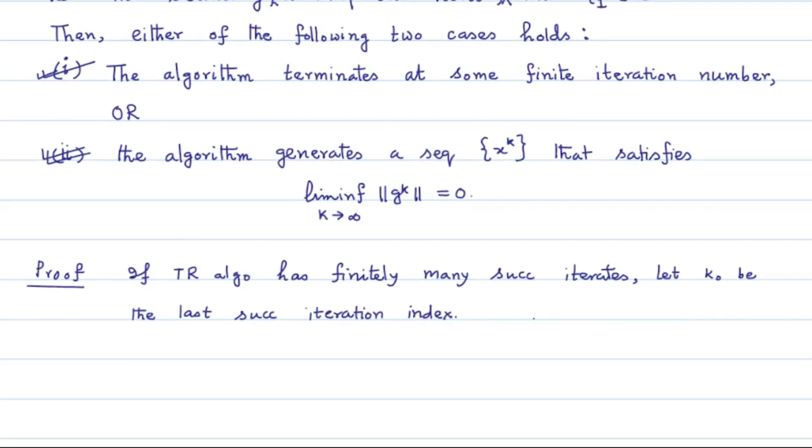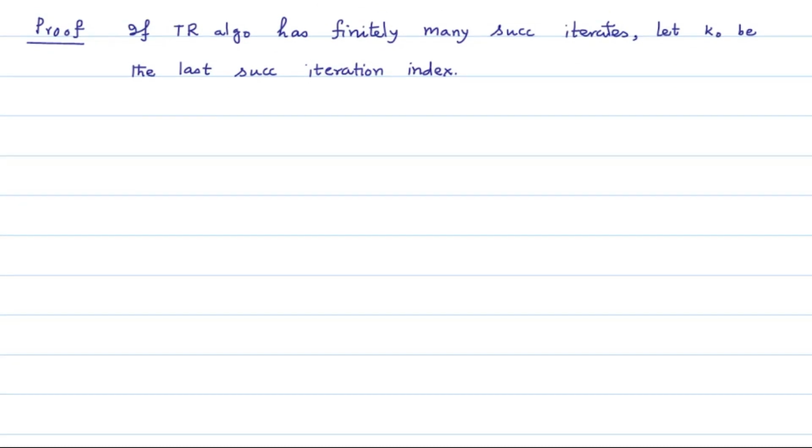Then certainly we must have norm g_{k naught plus 1} is equal to 0.